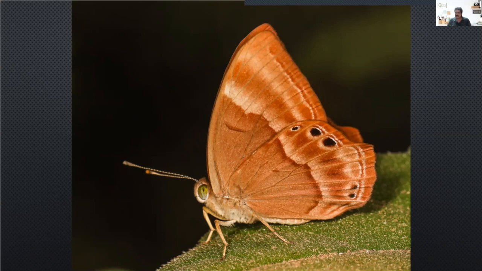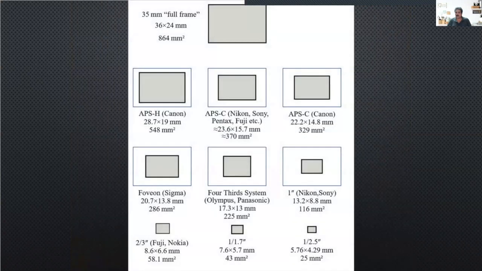Now, camera sensors differ. For example, both these pictures were captured using a cropped sensor, something like a Canon 80D or a D500 in Nikon, D7200, and that sort of cameras. So, they are all cropped sensors. Sensor sizes really differ from one another.